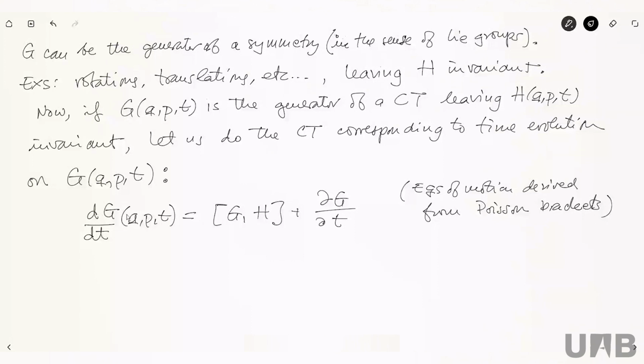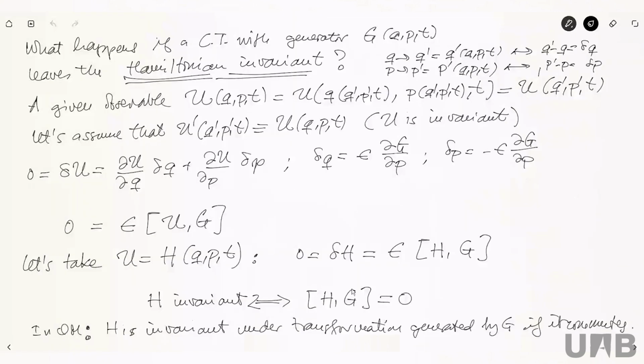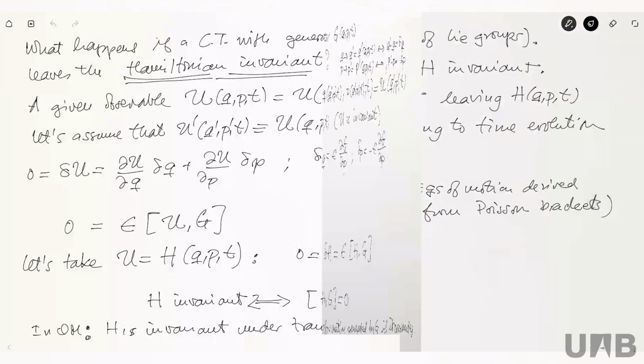So if we look at the time evolution of G, where G happens to be not any function, but the generator of a canonical transformation which leaves the Hamiltonian invariant, in other words, of what we call a symmetry, then we know that it commutes with the Hamiltonian in quantum language, or we already see that the Poisson bracket with H is 0.